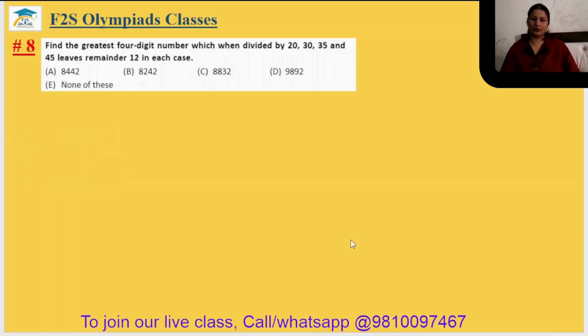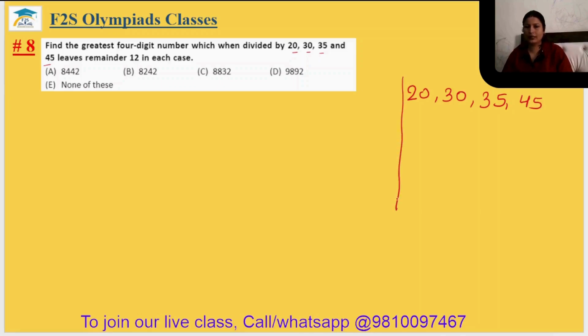Question number 8. Find the greatest 4-digit number which when divided by 20, 30, 35 and 45 leaves remainder 12 in each case. Okay. So what is the number which can be divided by these given numbers? That will be the LCM of these numbers. So first find the LCM of 20, 30, 35 and 45.